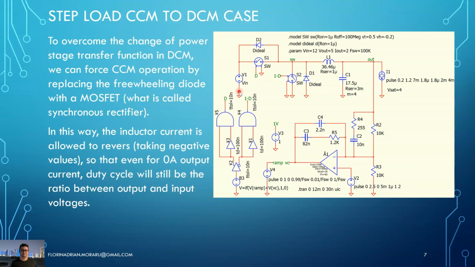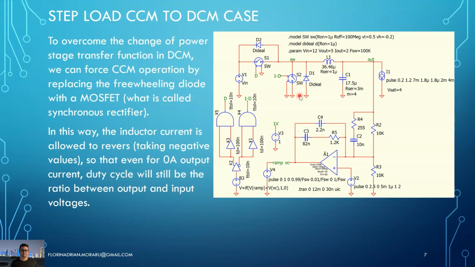Okay, so yeah, what can we do about this? Actually, what we can do is replace the freewheeling diode with a MOSFET, and in this way we will allow the current in the output inductor to go negative. So in the end, we can have even 0 amps at the output, and the current in the inductor will swing to positive and negative values, but the average current can be 0.